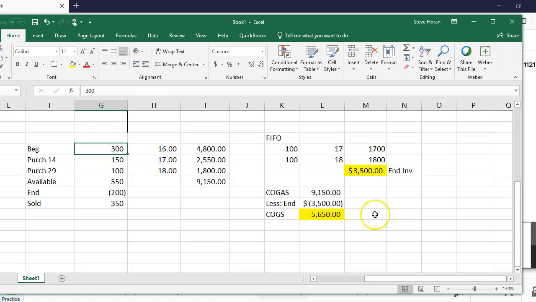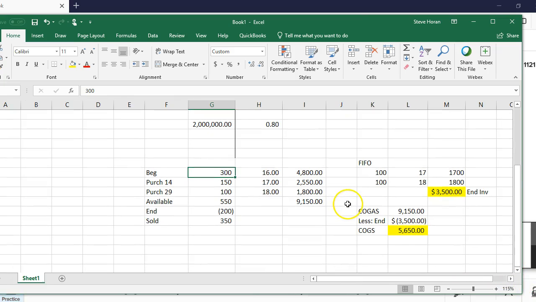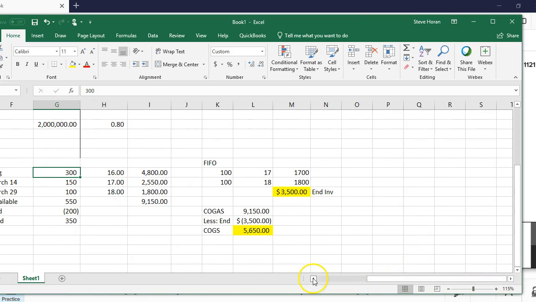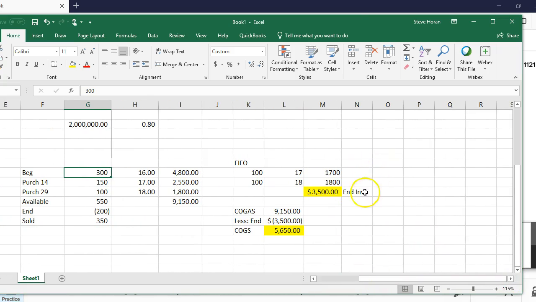Okay, so let's do the same analysis for LIFO. I have to run out of room. Let's make it smaller so we can fit more in here. Okay, let's do LIFO next. We'll do it right here. I'll move this over here. Okay, so let's do LIFO.